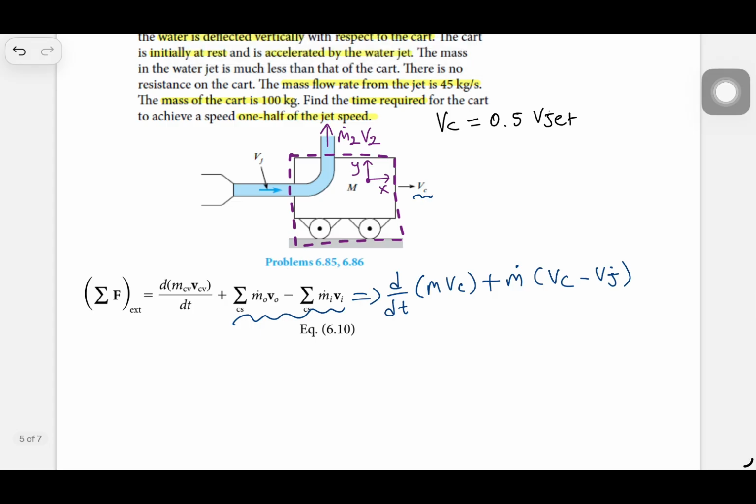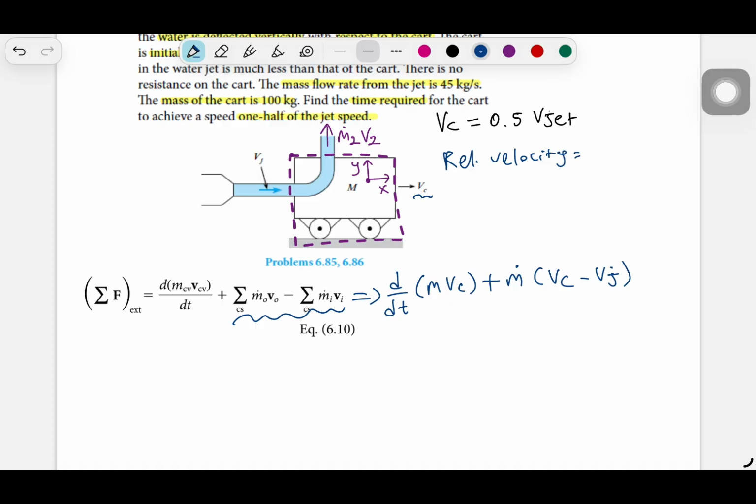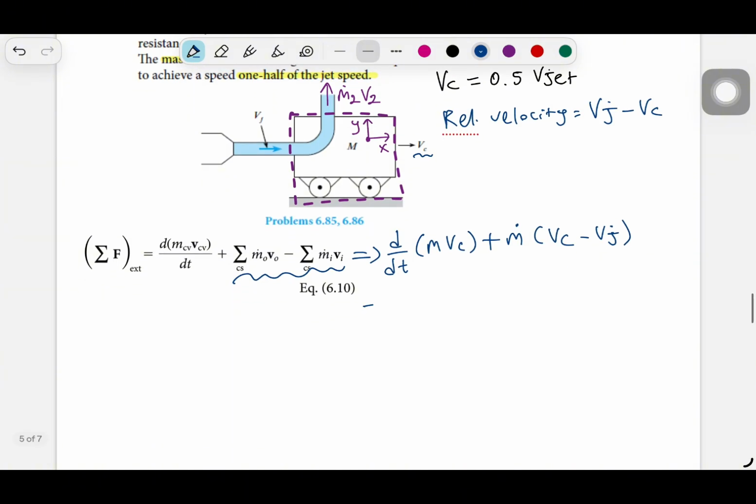In this question, since we have two velocities in the same direction, we actually need to find the relative velocity, which is the velocity that strikes the card. So we have the velocity of the jet minus the velocity of the card.